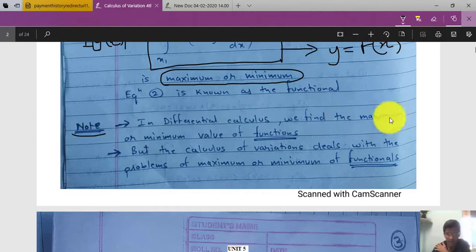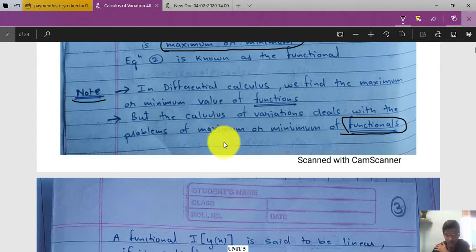In differential calculus we find the maxima or minimum value of functions, but calculus of variations deals with the problems of maxima or minima of a functional, where the given function is in terms of x, y, and the derivative with respect to x, over the interval x1 comma x2.